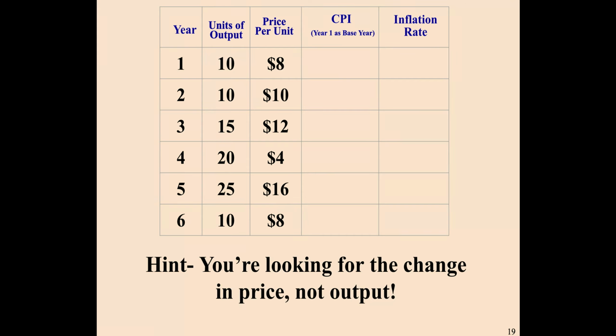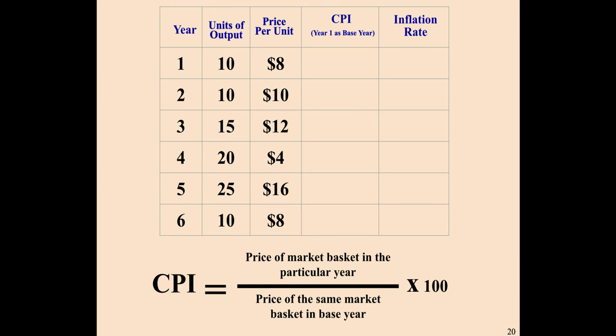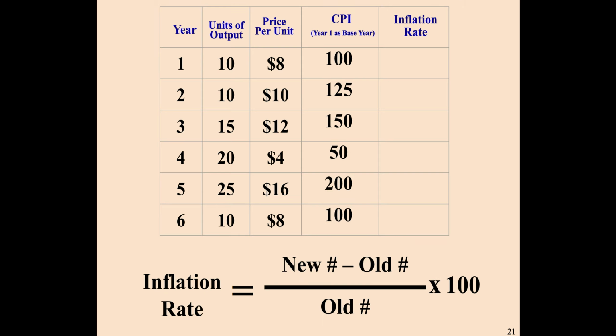So we have some practice problems here. We're looking for the change in price, not the output. Remember, CPI is the price of the market basket in the particular year over the price of the same market basket in the base year, times 100. Remember that year one is always going to have 100 as its CPI. And the inflation rate is the new number minus the old number, divided by the old number, multiplied by 100.